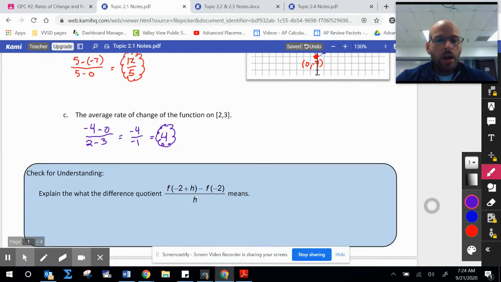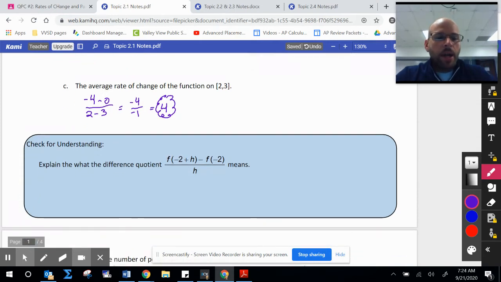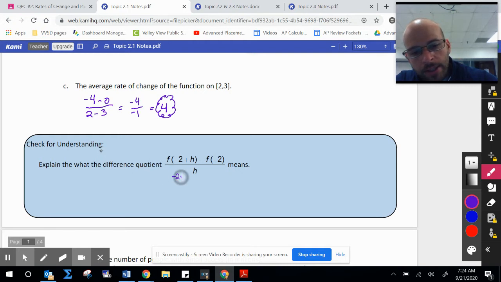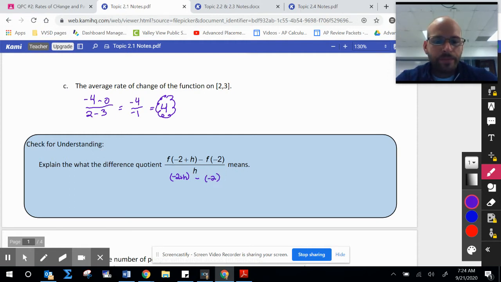Okay. So I have a little box here at the bottom, just a little check for understanding. Explain what this difference quotient means. And there's a little hidden piece in the denominator here I want you to understand, because you're going to see this frequently. So I'm going to write in the bottom here that this denominator, before simplified, looked a little something like this.